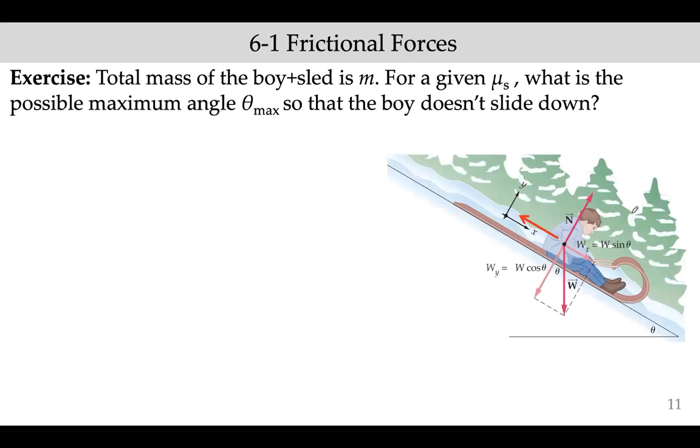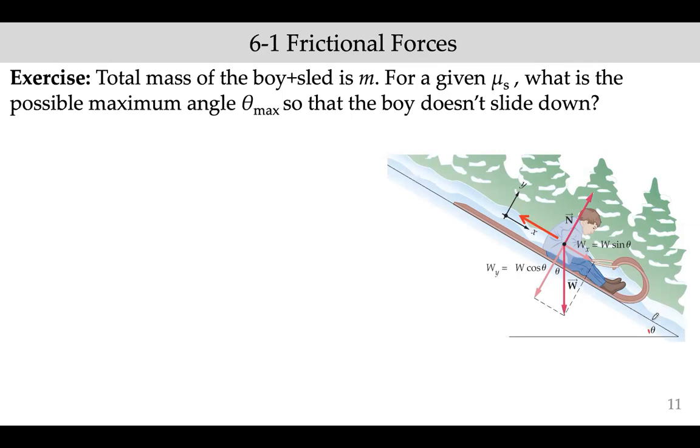Okay, here's another example. In this example, the total mass of the boy and the sled is given to be m. For a given static friction, so the boy is not sliding, he is just staying like this in equilibrium. For a given static friction, what is the possible maximum angle, theta max?